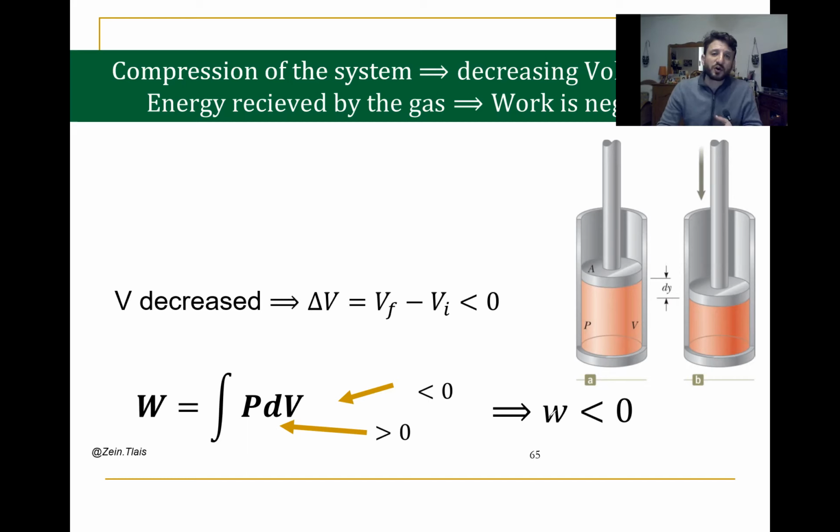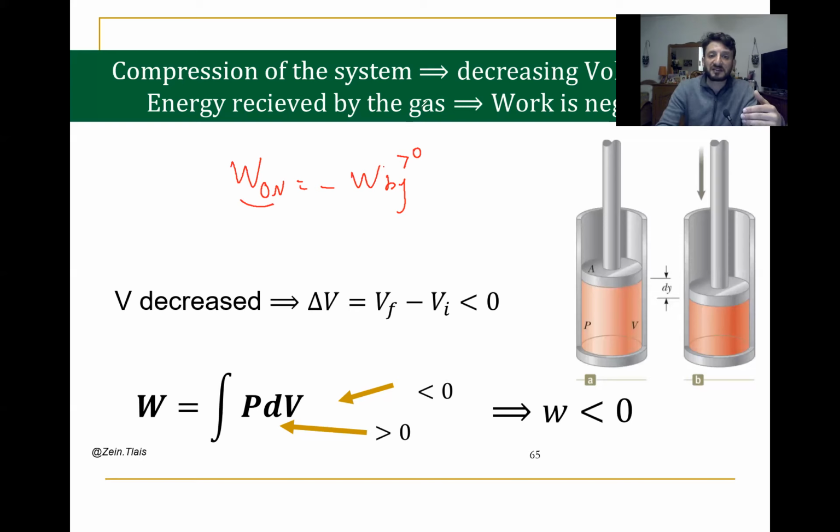How can we calculate omega on the gas? We have omega by the gas and omega on the gas. In all the expressions here, omega equals the integral of PdV, it's omega by the gas. Always, omega on the gas equals minus omega by the gas, okay? So if omega by the gas is positive when we increase the volume, omega on the gas is negative.